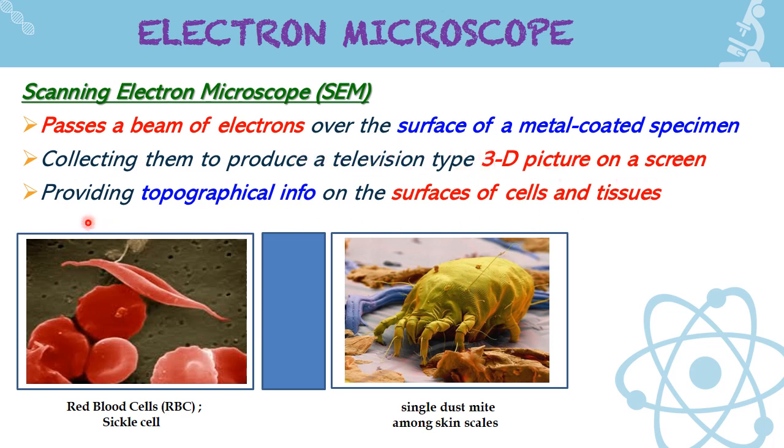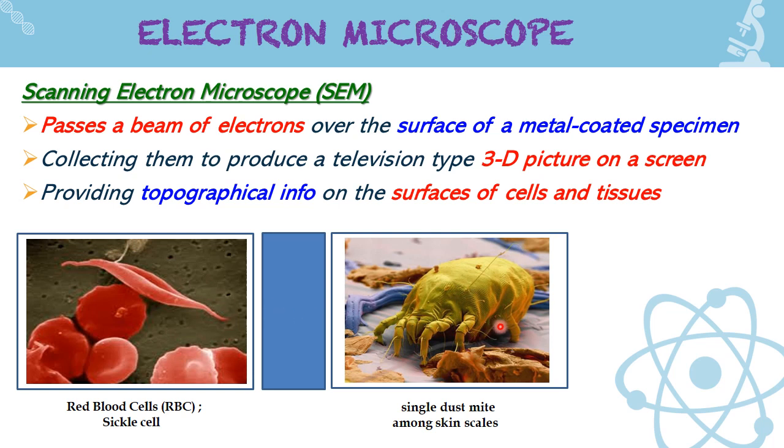This only provides topographical information on the surfaces of the cells and tissue. You can see the structure for the SEM is more likely to be 3D, as you can see the real structure of the red blood cells here, as well as the sickle cell.